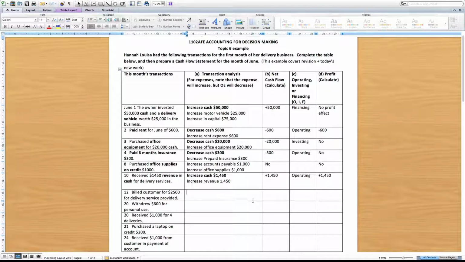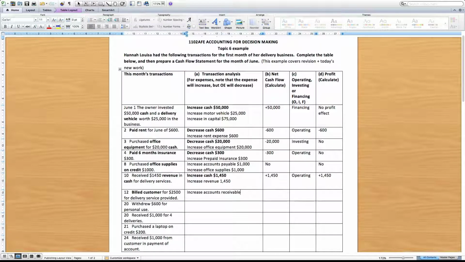Next, on the 12th of June, we billed a customer for $2,500 for delivery service provided. When we bill a customer for money, it means we've done work for them, but we haven't been paid for it yet. So we have an increase in accounts receivable.